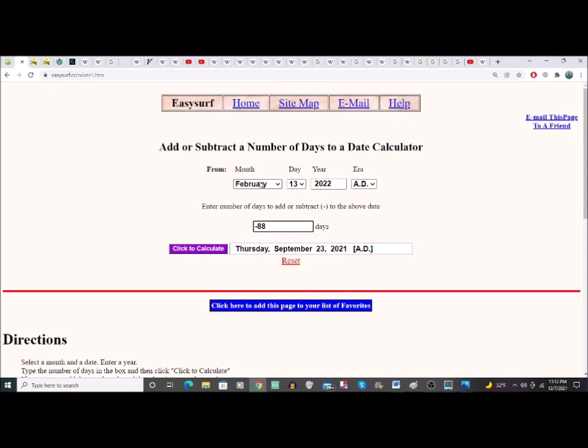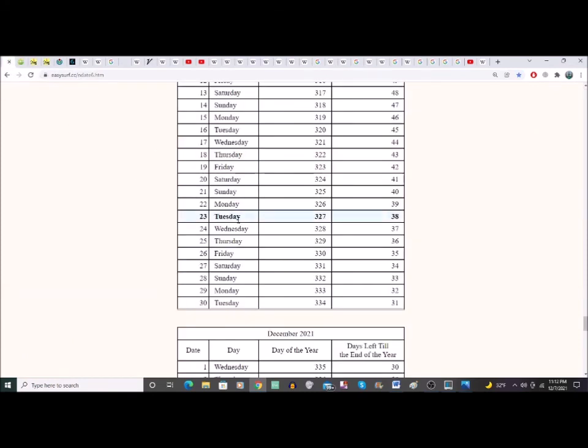We've got 213, right? So this 88, when we go back, right, click to calculate, we're at the 17th of November. If you remember what the 17th of November was, the 17th of November, right here, 321. It's the countdown date, yeah? So that is, again, really interesting.